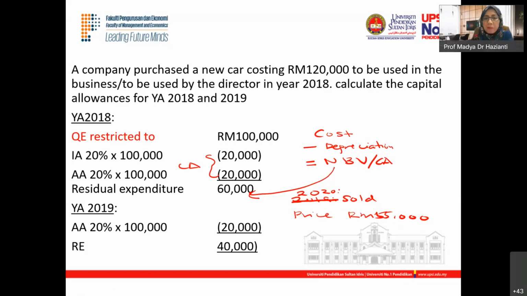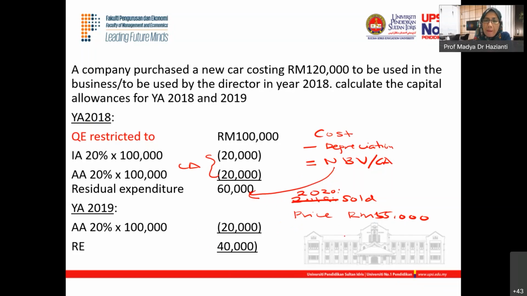Okay, berapa? Continue je. From this residual expenditure 40,000 ni dia jual 55,000. Anyone?